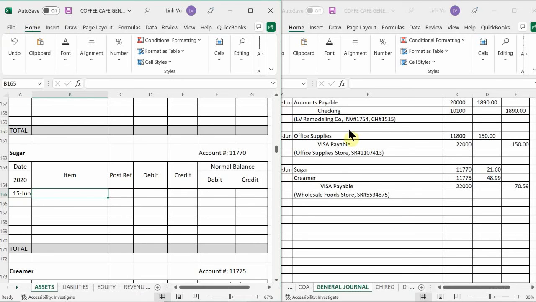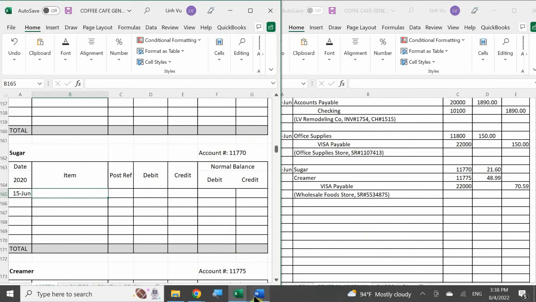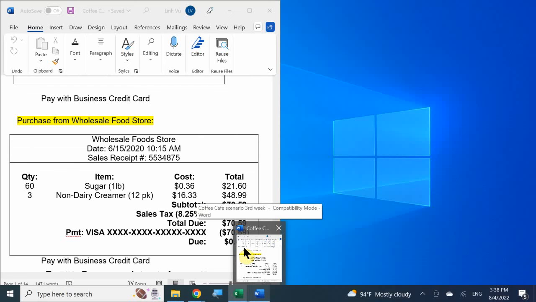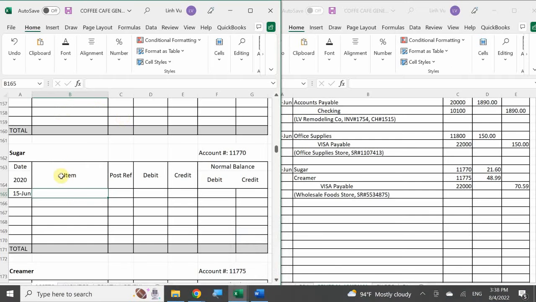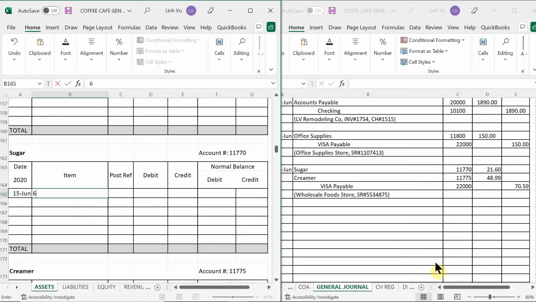I don't think we just bought 1 pound. 1 pound for $21? Oh, yeah, no. Quantity is 60 pounds. Okay. Yes. What's the price point per pound? At 36 cents each. Good. So 60 pounds at 0.036 per pound.